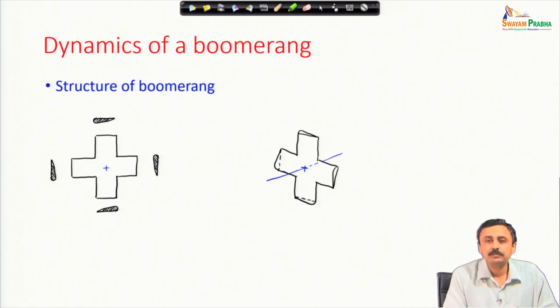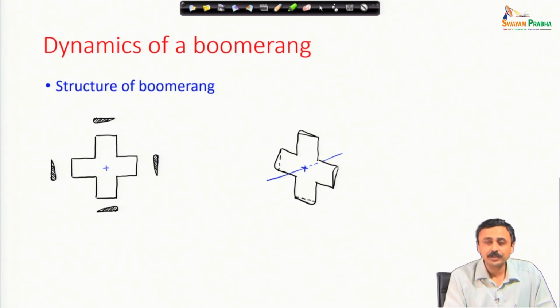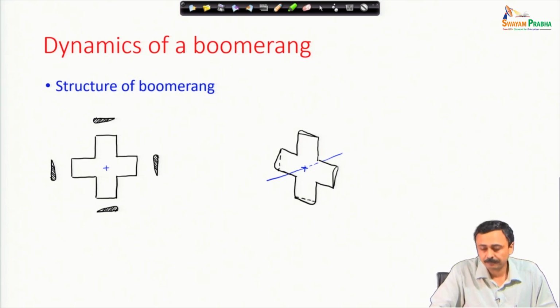I have also shown an isometric view which makes it clear how the aerofoils are oriented. They are all moving in the same direction. The center of mass has been shown by that cross, and the axis of rotation has been shown by this blue line.